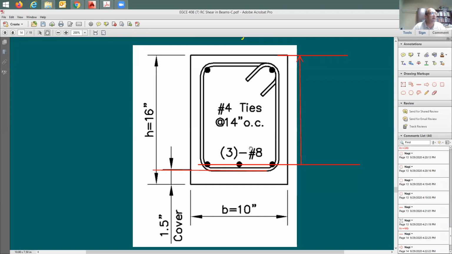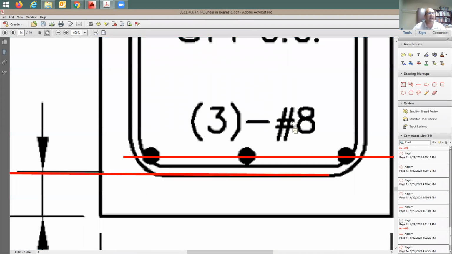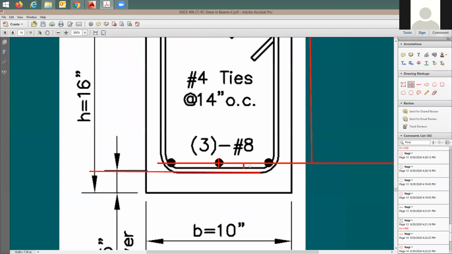Also, I have the rebar diameter. As you see here, it is going to be number 8. Meaning, from here to there is going to be an inch. Therefore, from this point to here is going to be half an inch. So I'm going to say this distance here is going to be half an inch.